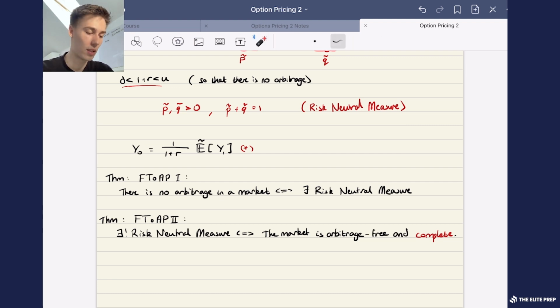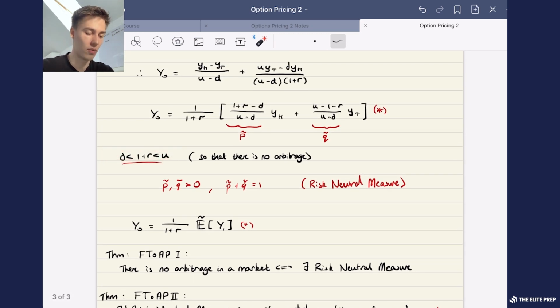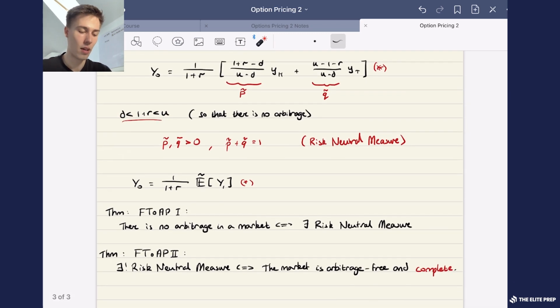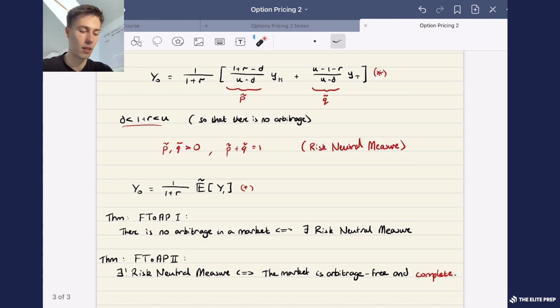What we've also shown is that if there is no arbitrage in our binomial market, i.e. we have the condition d less than 1 plus r less than u, then we have actually found a risk-neutral measure. I'm going to prove that this measure P tilde, Q tilde is actually risk-neutral.